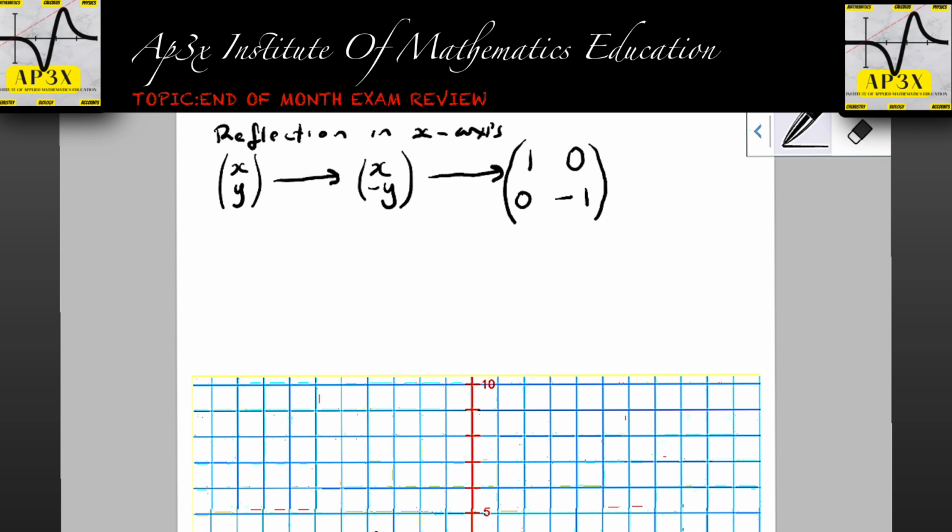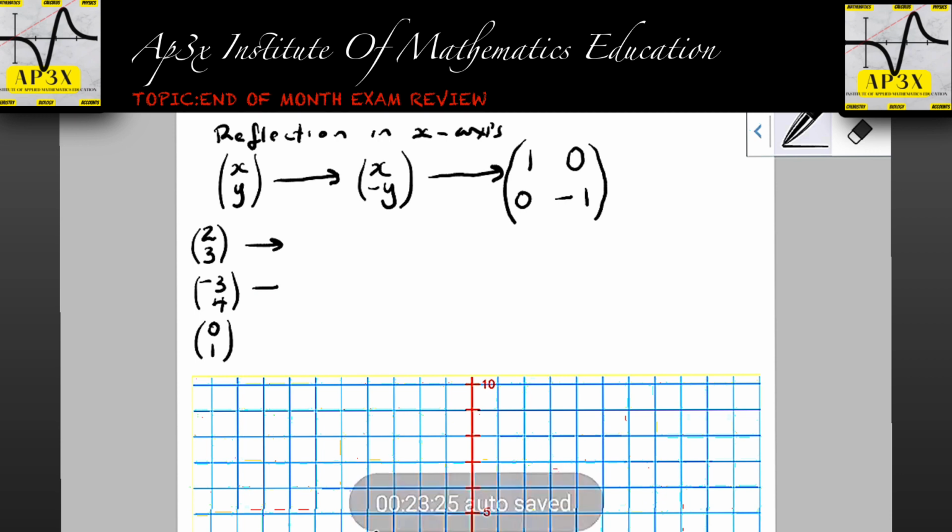And so all our points that we initially had, which were (2, 3), (-3, 4), and (0, 1), will be sent through the x-axis. Based on our theory, for (2, 3), the 2 is going to remain and the 3 is going to change.